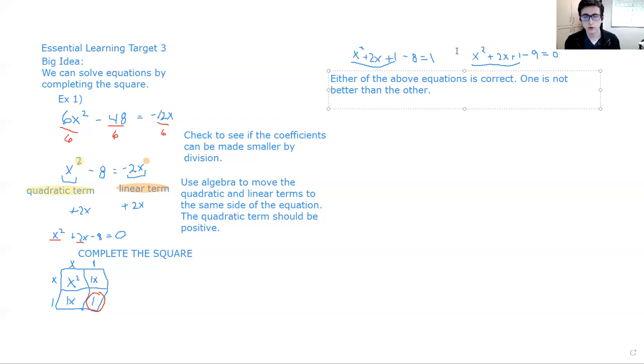What we're going to do next is we're going to use algebra, and we're going to move everything that's not our set of 3 to the other side. So our set of 3 is going to stay together, and everything else gets moved to the other side. We use algebra to move everything except the trio of terms to the other side of the equation.